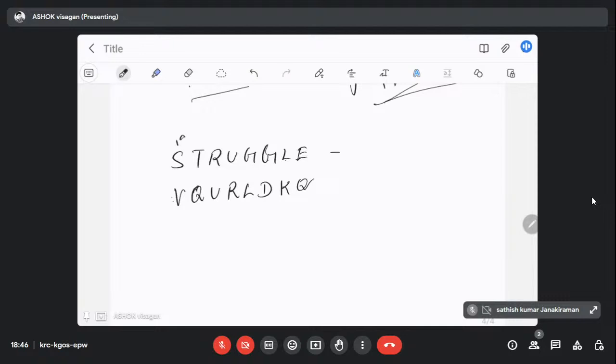So the numbers are 19, 20, 18, 21, 7, 7. L is 12, E is 5. The number is 17, K is 11, D is 4, L is 12, R is 18, U is 21, Q is 17, V is 22.